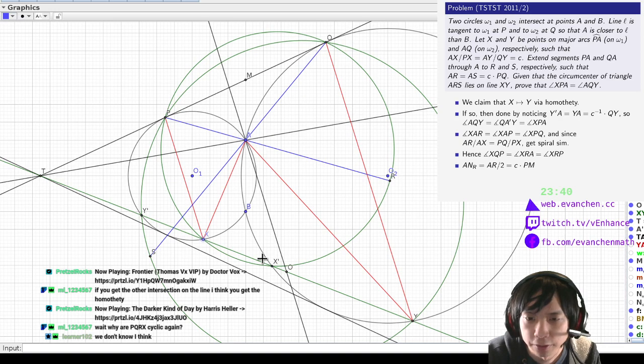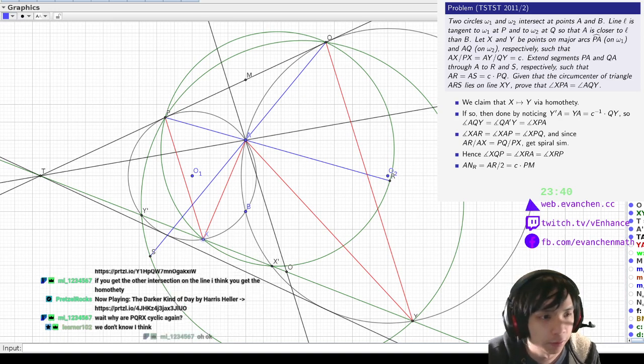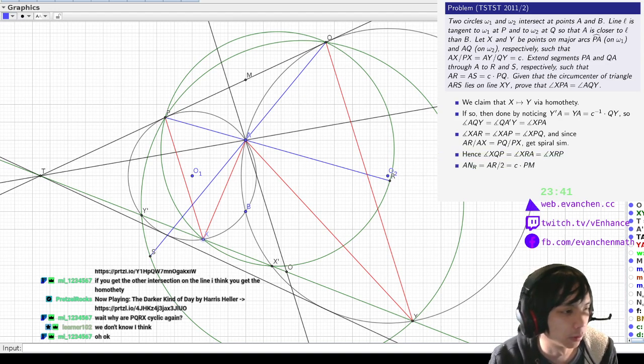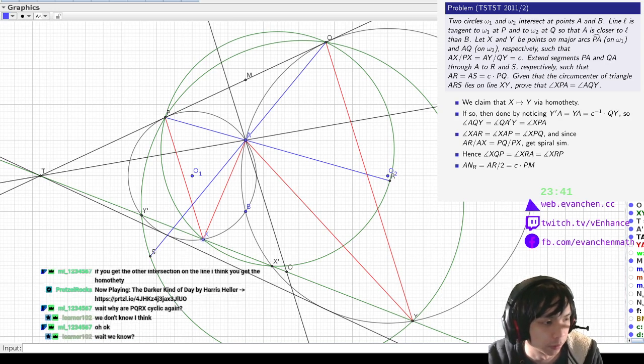Why are PRQX cyclic? Oh no, PRQX cyclic follows from the angle chase. We actually do have PRQX cyclic. From this unconditional spiral sim, we get the cyclic quad by another angle chase. Yeah, we should know PRQX cyclic by now.